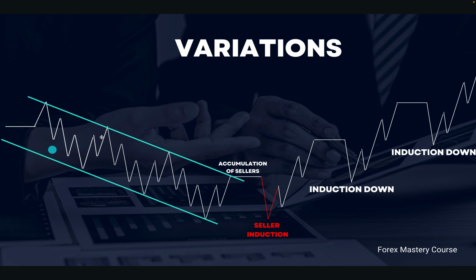So here we have the downtrend, we have the accumulation of sellers, and then we have the massive seller induction, and then the reversal. Notice the seller induction is always past this low, or at least to this low, for it to be a valid signature trade.